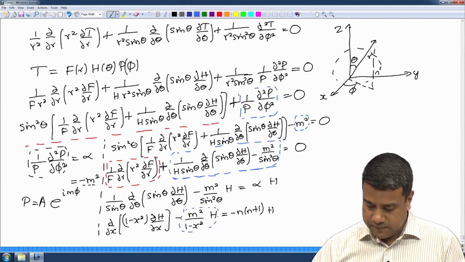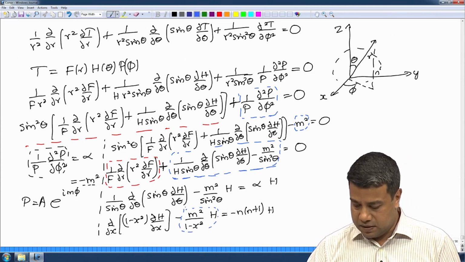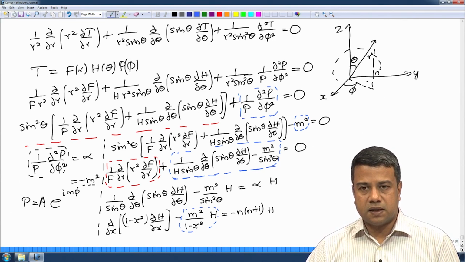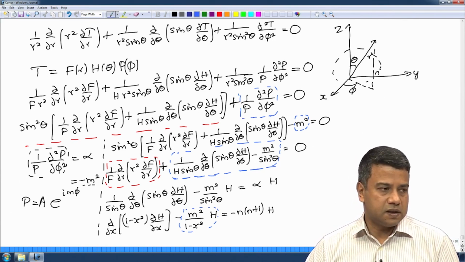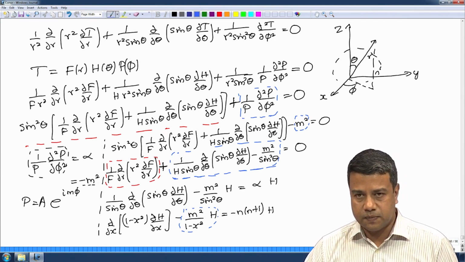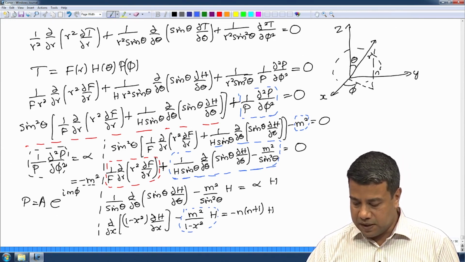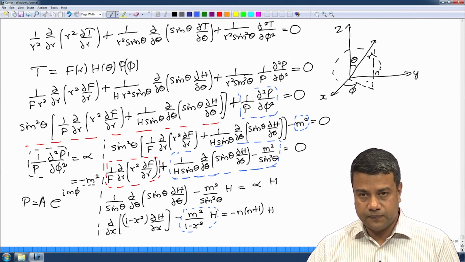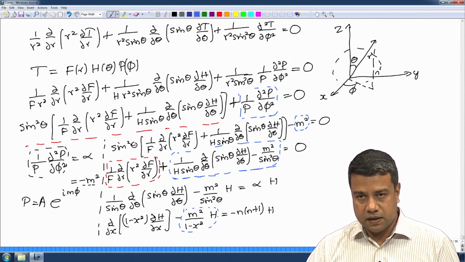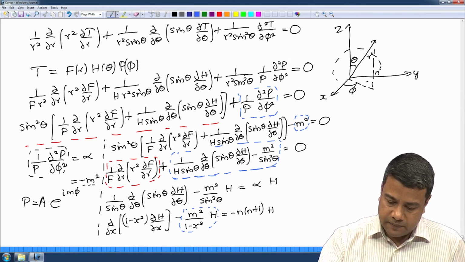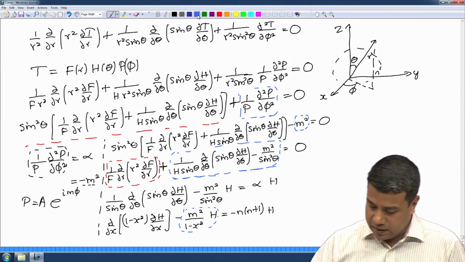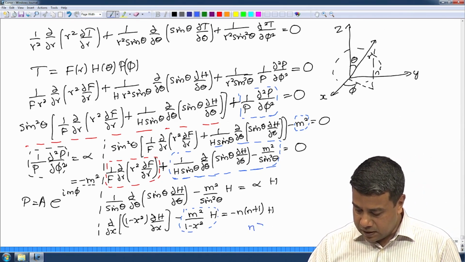In this case, the condition that the solution has to be finite at theta equal to 0 and theta equal to pi still implies that n has to be an integer, but also that n is greater than or equal to the magnitude of m.